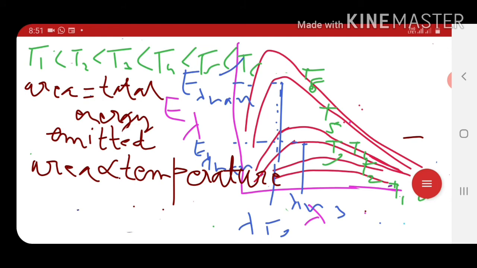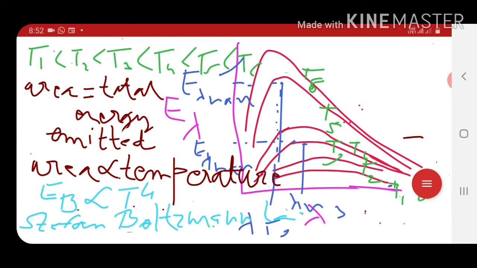As the area under the curve represents the total energy emitted by the black body per unit area per second, hence E_B is proportional to T to the power 4. This is the Stefan-Boltzmann law.